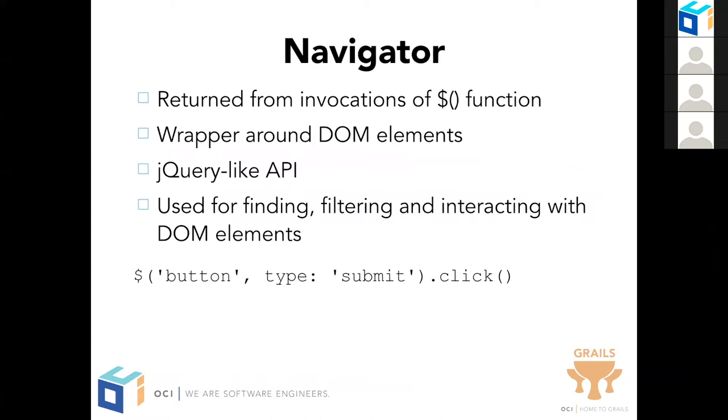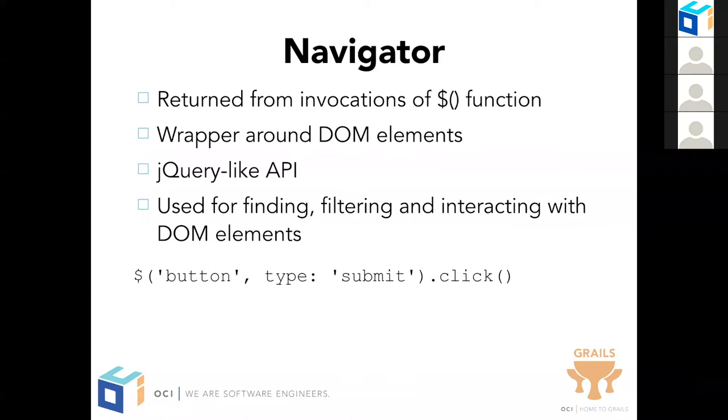So a couple more words about the navigator and its API. As I said, it's a wrapper around DOM elements. The API is jQuery-like. So if you know the jQuery JavaScript library, you will be fairly familiar with the concepts and the method names of the Navigator API.